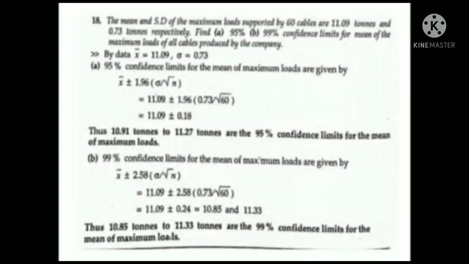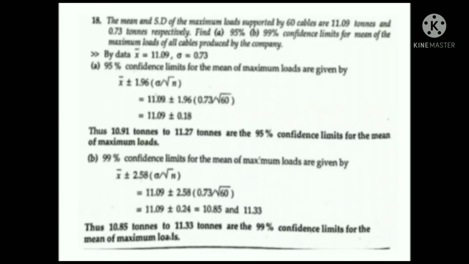Let us see another example here for proportions. The question says the mean and standard deviation of the maximum loads supported by 60 cables are 11.09 tons and 0.73 tons respectively. So 11.09 tons is the mean and 0.73 tons is the standard deviation.